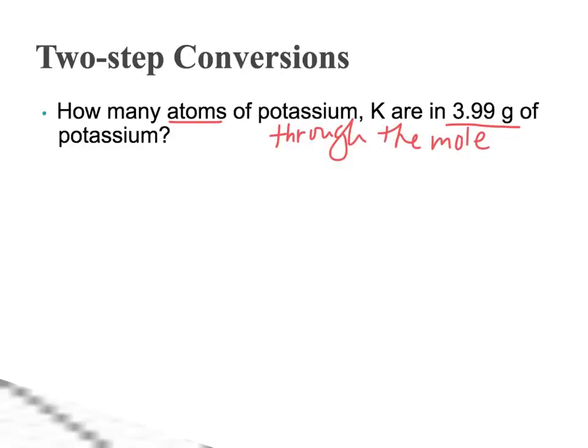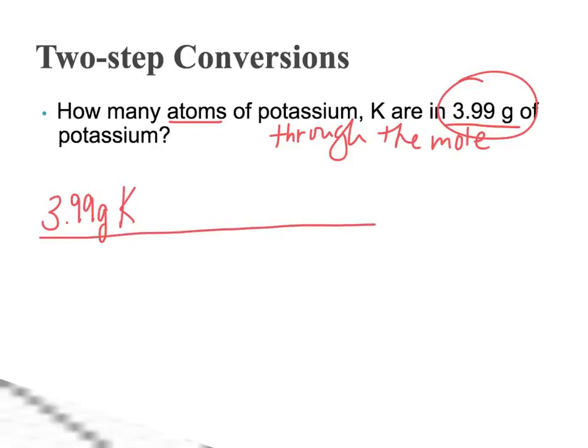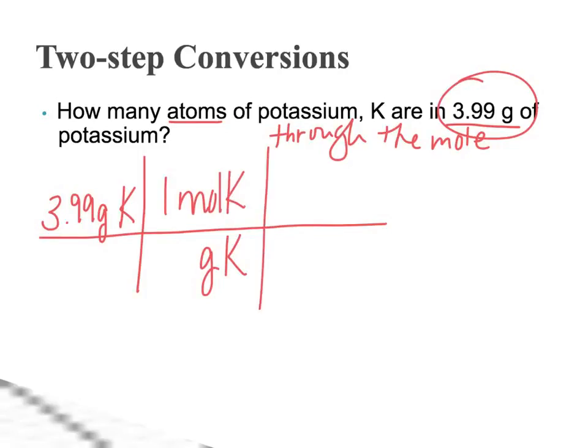So we're going to start with our 3.99 grams, because we always start with what they gave us. So 3.99 grams of potassium. I need to get rid of grams, and the only way I can do that is using my molar mass. So I've got grams per 1 mole of potassium. We look at our periodic table, and we see that it's 39.10 grams of potassium in 1 mole of potassium.